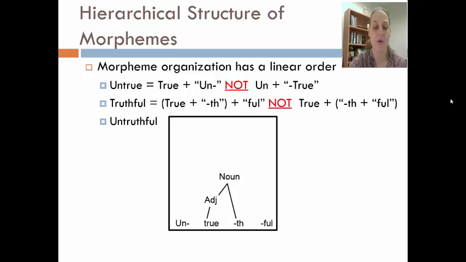And now at this point, are we going to add un to make it untruth, or are we going to add full to make it truthful? So we're going to make it truthful, right? Un is the last piece that is added on, which basically truthful is the adjective and untruthful is still an adjective, but now we have a negative connotation added onto it.